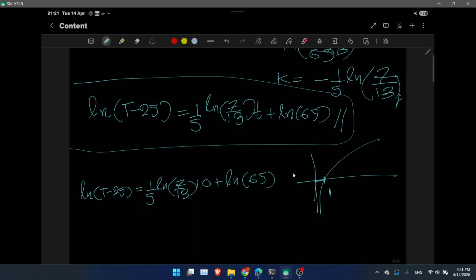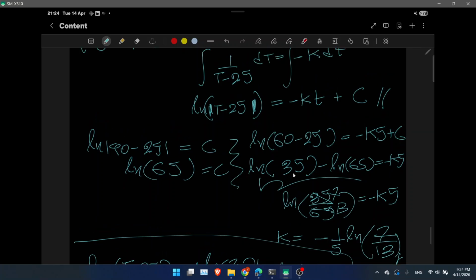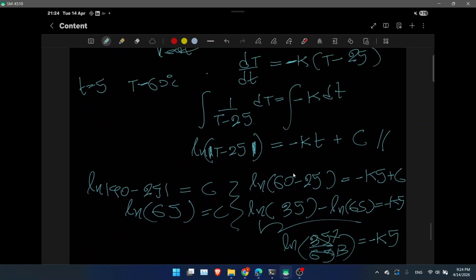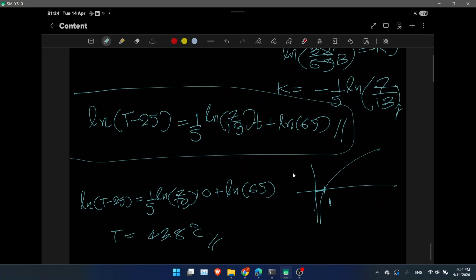With a calculator you can solve this. So if you go ahead and solve it, you get T equal to 43.8 Celsius. So it is possible, okay. At 5 minutes it's 60. At 10 minutes it's 43.8.